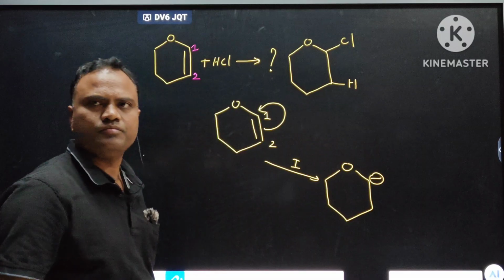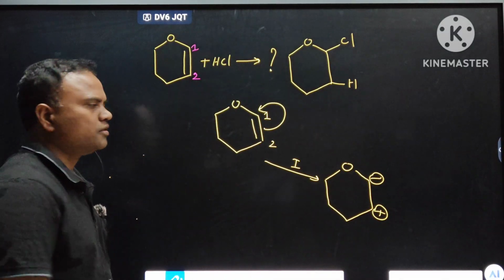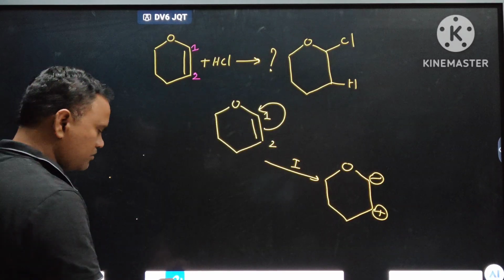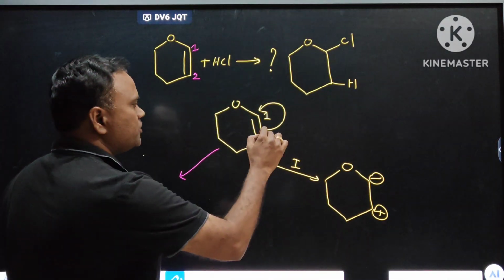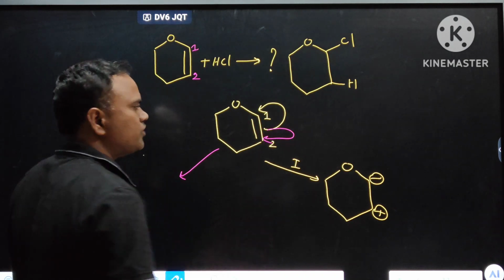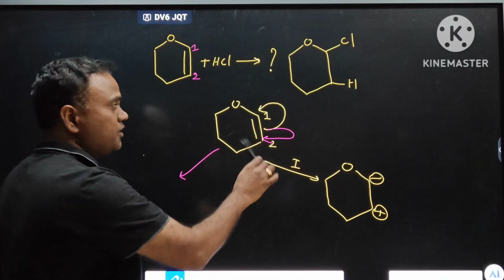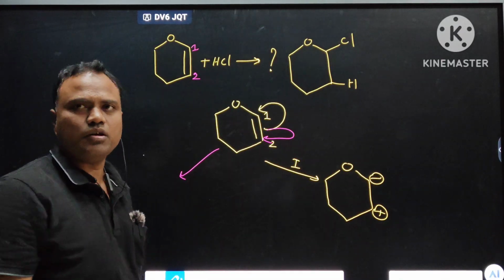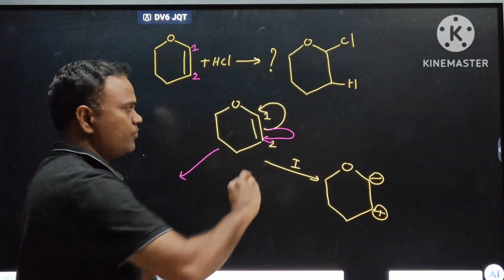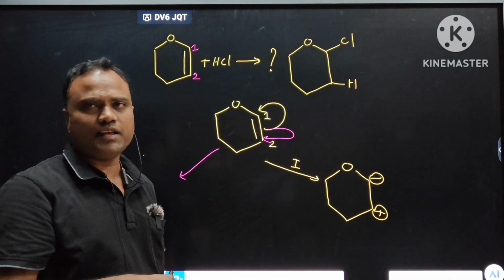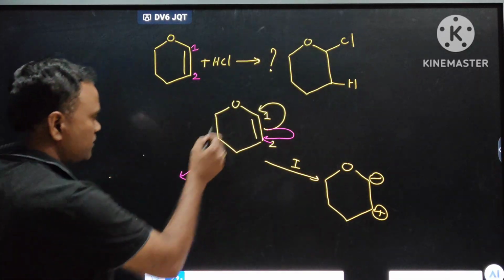Negative charge and positive, right? Next possibility. What is another possibility? I am shifting the pi bond towards the second carbon. Then the second carbon will get a negative charge. I already explained in the last class. The atom which is getting the bond will get a negative charge. The atom which is losing the bond will get a positive charge. Right.